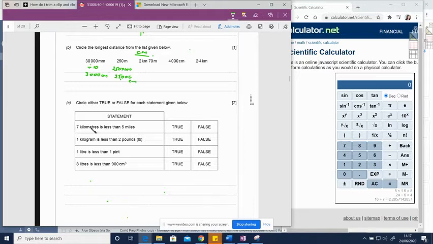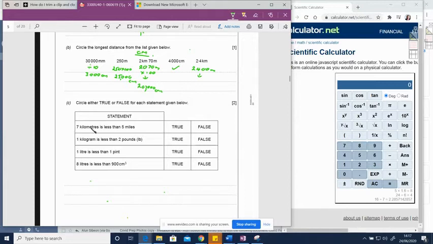2 kilometres and 70 metres. I know that 2 kilometres, there are 1,000 metres in a kilometre. So 2 kilometres is 2,000 metres and 70 metres. Multiply that by 100 to get it to centimetres, and that gives us 207,000 centimetres. 4,000 centimetres, I'll leave it. 2.4 kilometres, which is 2,400 metres.